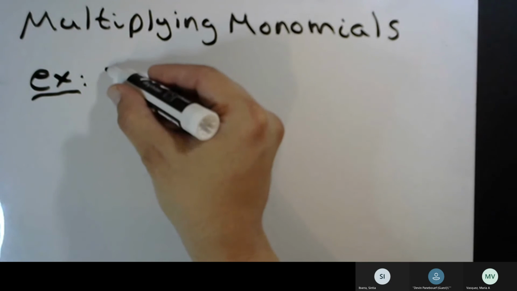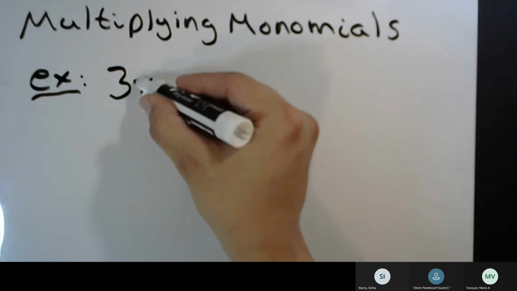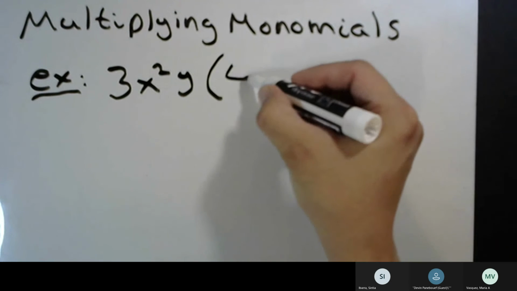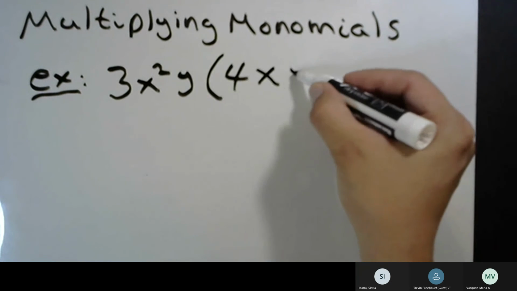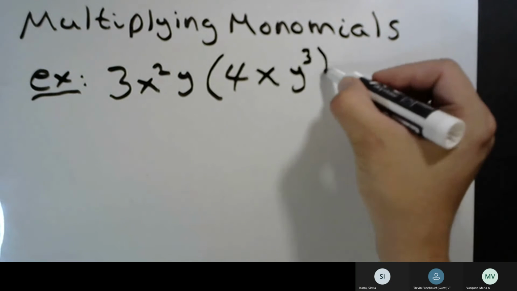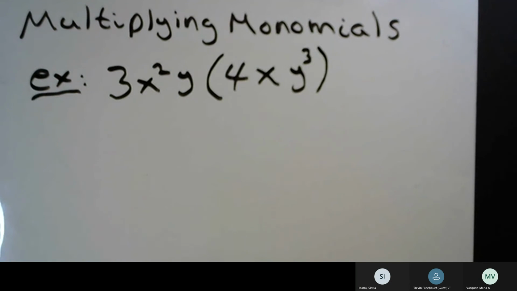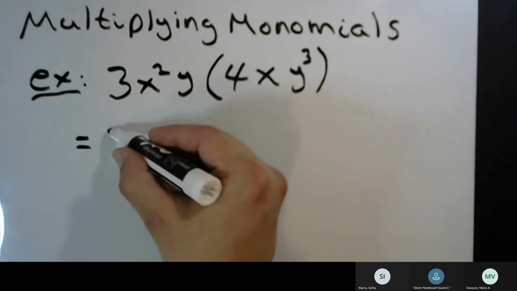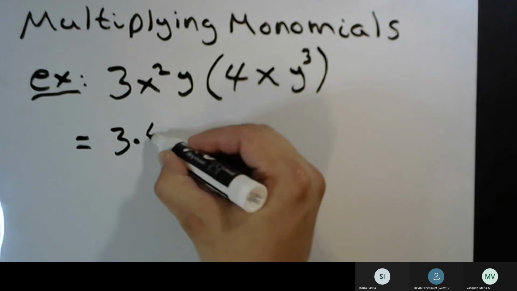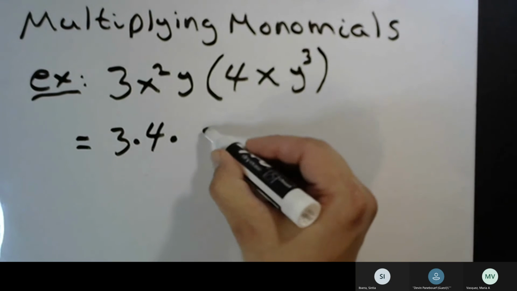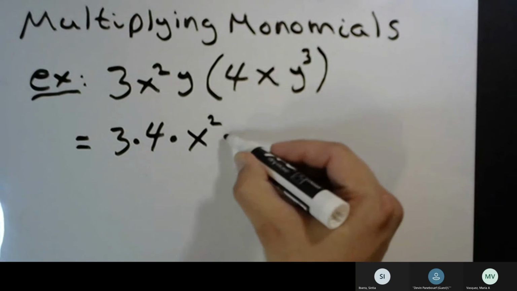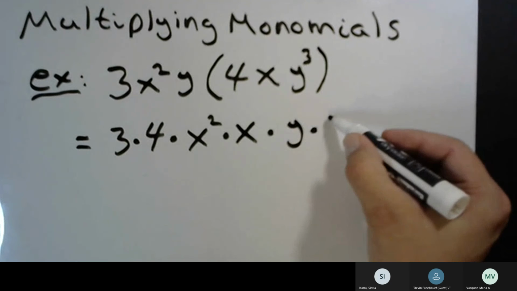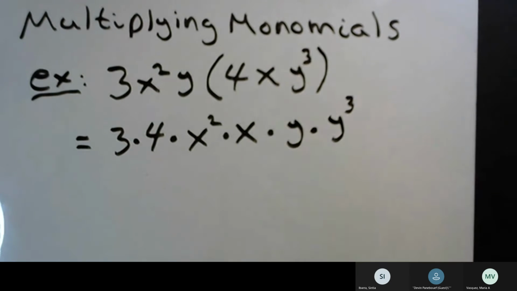So we might see something like this. So we're going to multiply our constants. And then we have our x's. And then our y's.